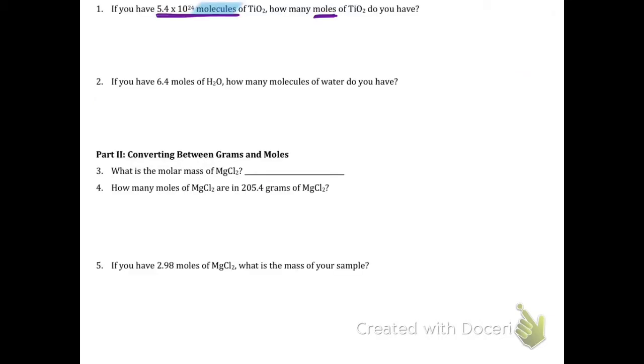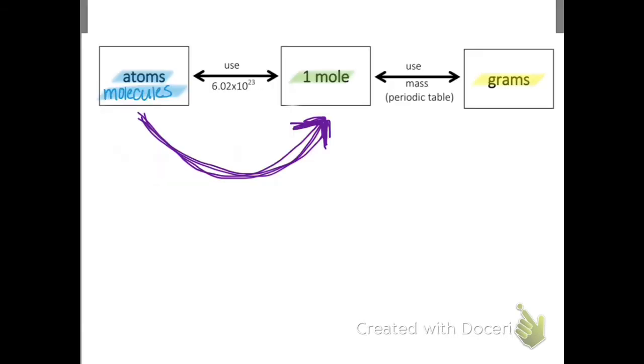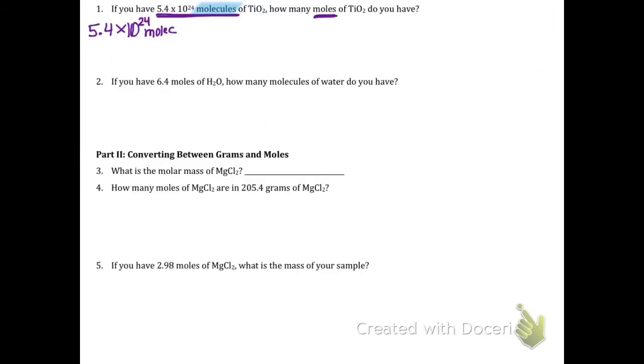How many steps does this take? It only takes one. So remember, the first step you're going to do is always write down the number that's given to you. So 5.4 times 10 to the 24 molecules. I'm going to just write molecules, right? And because it only takes one step, I'm only going to draw one fraction.